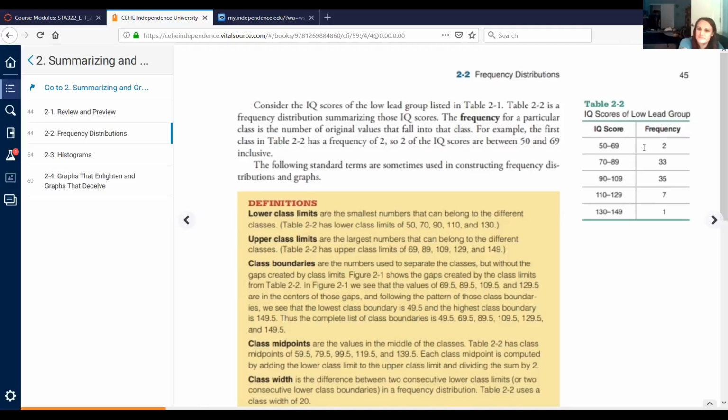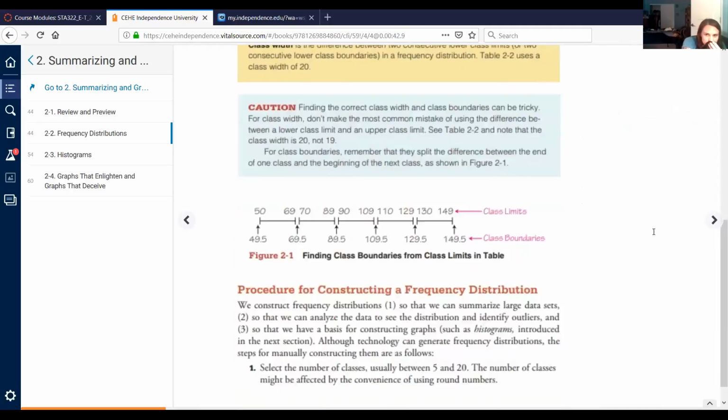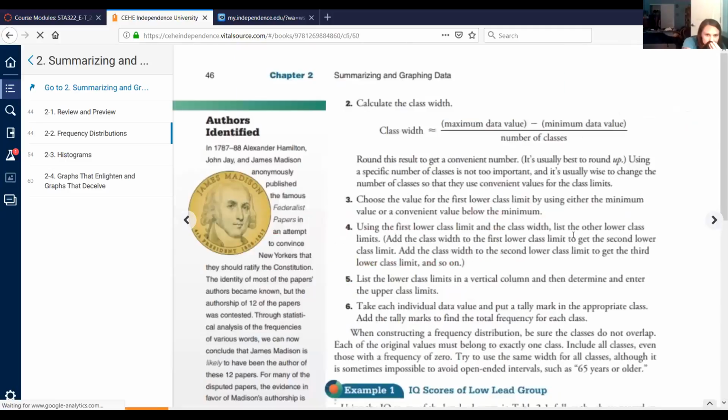So if we go back to the low lead group, the total number of participants was 78. 2 of those had an IQ somewhere between 50 and 69, 33 between 70 and 89, 35 between 90 and 109, and then smaller amounts above that. So we actually set these up in these classes, and we can construct a frequency diagram.